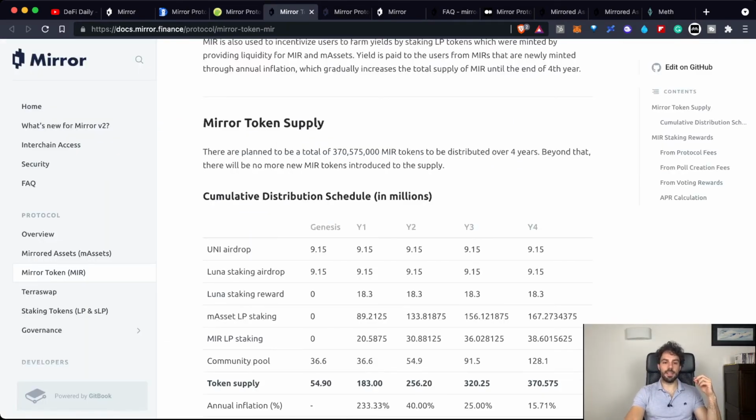As you can see here, the MIR token has a maximum supply of around 370 million. But this maximum supply will be reached over the next 4 years. It means that in the next 4 years, we will have continuous selling pressure.